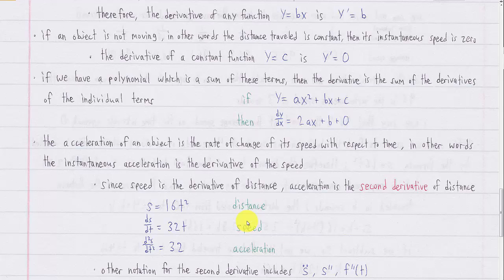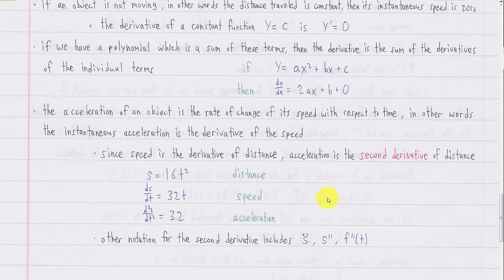If we take the derivative of speed, we get acceleration, because acceleration is the rate of change of speed with respect to time. So, how fast is the speed changing? And to denote the second derivative, we can use an s with 2 dots over it if the derivative is with respect to time, or s with 2 dashes, s double prime, or f double prime at t.